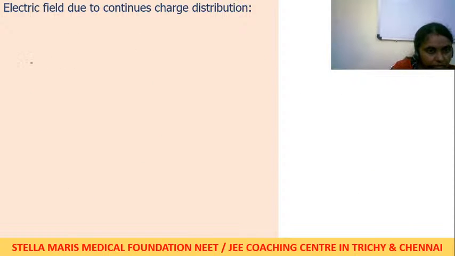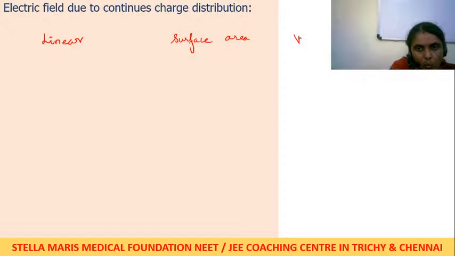So we will write in the form of differentiation. The first one is linear type, the second one is surface area, and the third one is volume. For the first one, consider there is a paper, and multiple charges will be present here, correct?